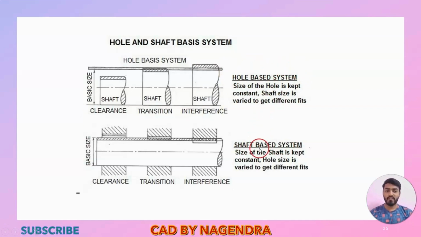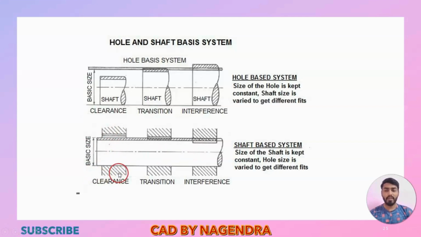Again, if you go for the shaft basis system, it is opposite to this. Here the diameter of the shaft is kept constant and the diameter of the hole will vary. In the hole basis system, the dimension of the hole is kept constant and the dimension of the shaft will vary. But in the shaft basis system, the dimension of the shaft will be kept constant and the hole dimensions will change.